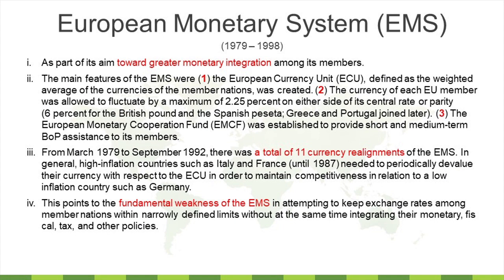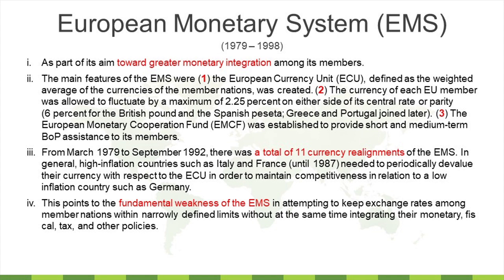European Monetary System, EMS. From 1979 to 1998. 1. As part of its aim toward greater monetary integration among its members. 2. The main features of the EMS were: A. The European Currency Unit, ECU, defined as the weighted average of the currencies of the member nations, was created.